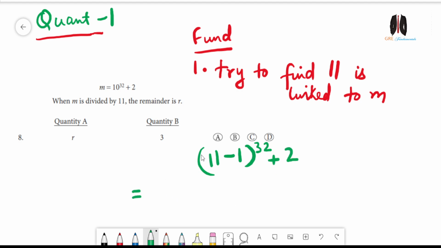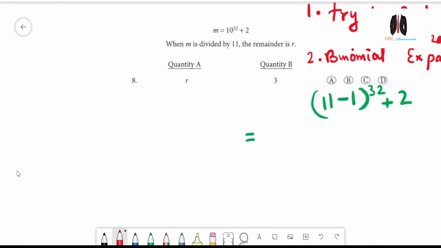When we open this, we'll be using the second fundamental, which is binomial expansion. What do I mean by binomial expansion? When you have something of this sort, a plus b raised to the power k, how would you expand this?